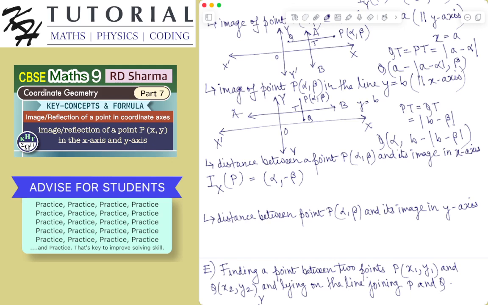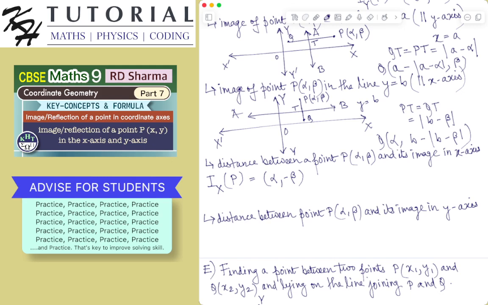Remember that if we join the point P and its image taken in the x-axis, it will be a line parallel to the y-axis. So the distance between any two points on a line parallel to the y-axis is always equal to the absolute difference of the ordinates.